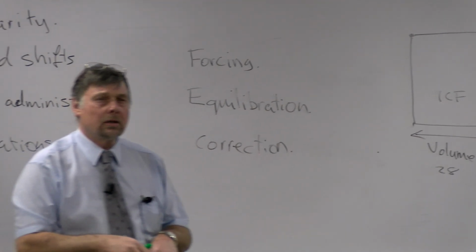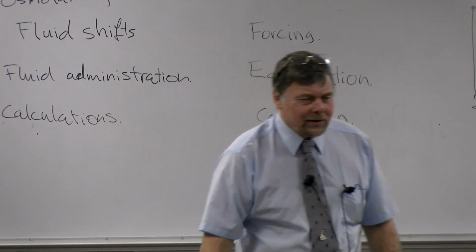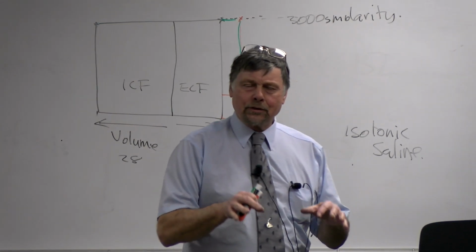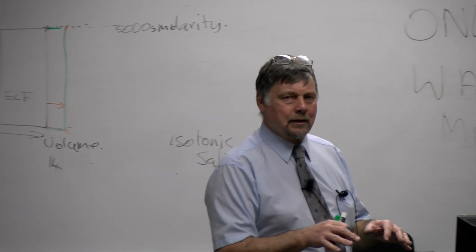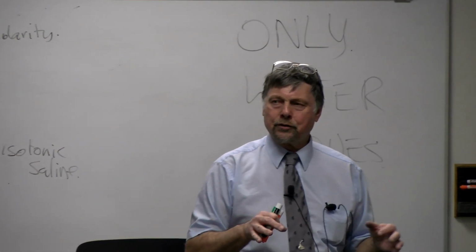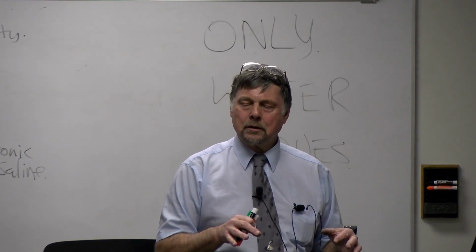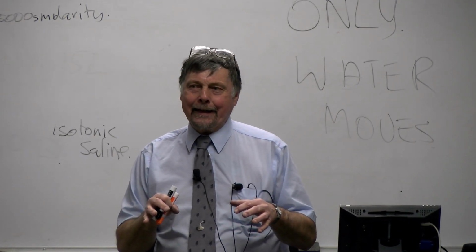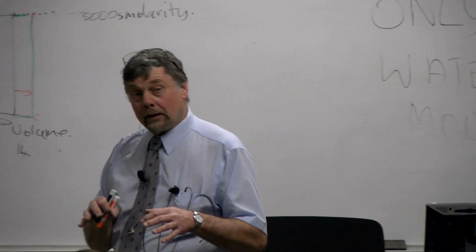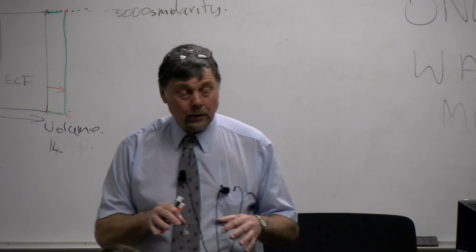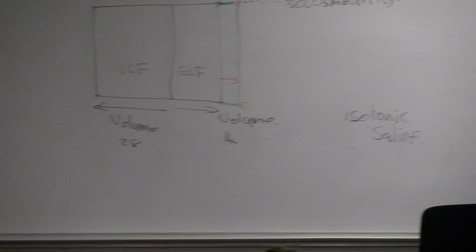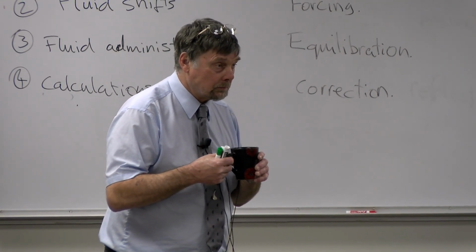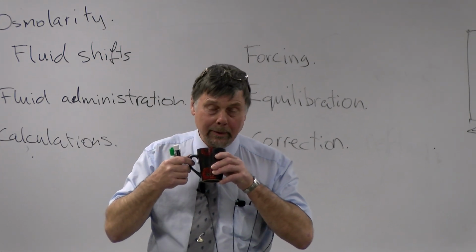So if we're smart clinicians, I've just shown you a way of selectively bolstering the extracellular fluid. This can be clinically useful. So isotonic saline will tend to bolster selectively the extracellular fluid. And we'll talk more about that.